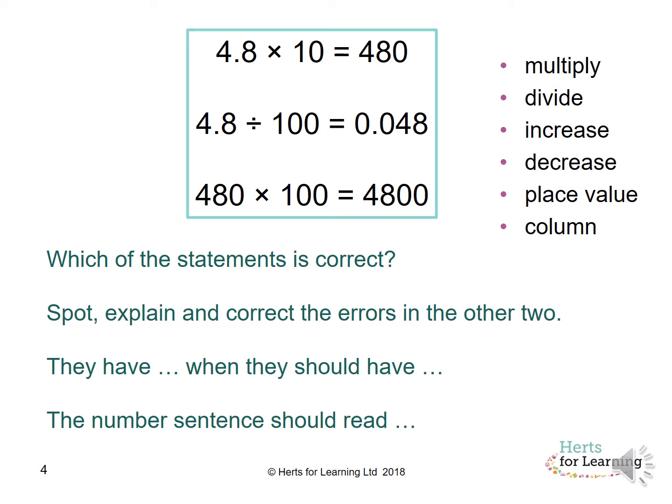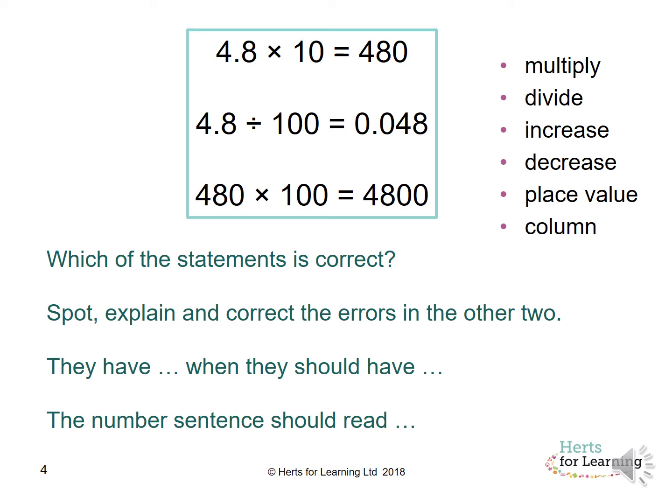4.8 times 10, you would have to move it 1 place, because you know there's 1 zero, to the left, and then it should be 48. The answer here is 480.